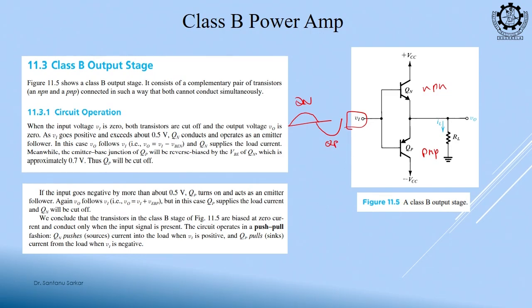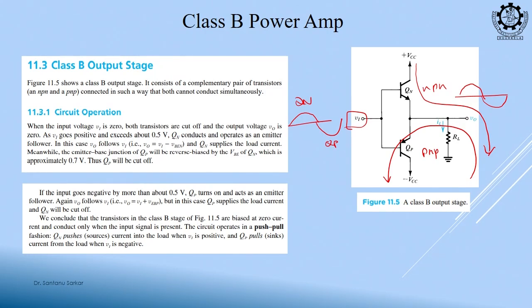Okay. So, when Qn is on, the direction of current flow is this, right. So, this voltage will be building up. When Qp is on, the direction of current flow is this. So, the direction in RL is opposite.